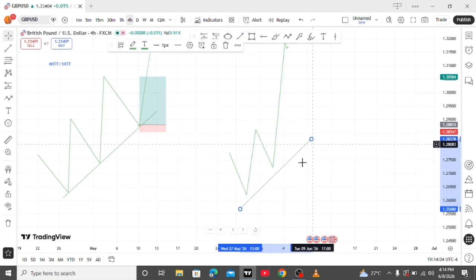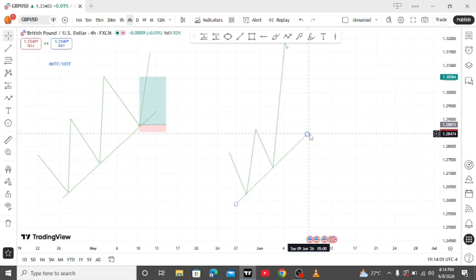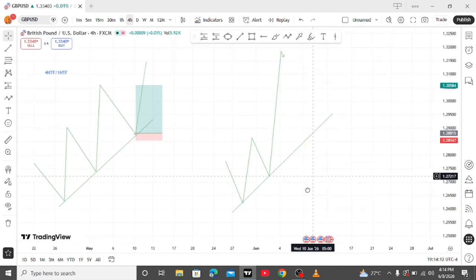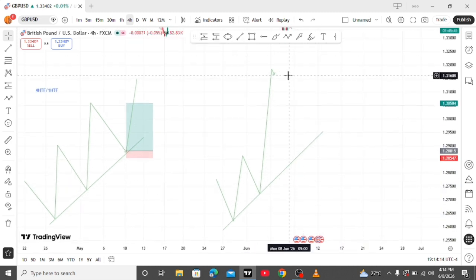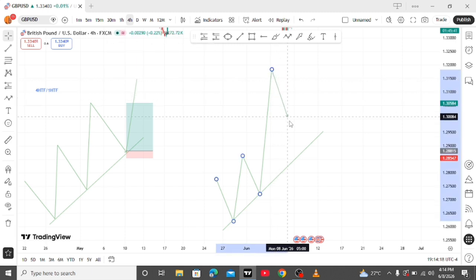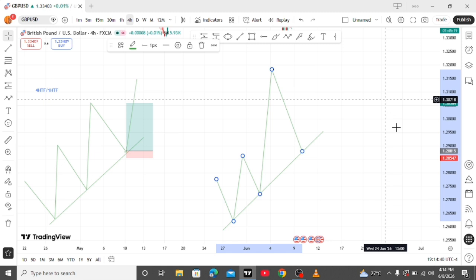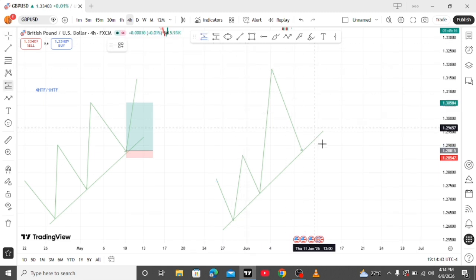This is our trend line, giving us a first touch and a second touch. We may doubt that the market will come back, but eventually the market may come back to our trend line. And this is where we go over to the smaller time frame to search for buy opportunities to enter a long position.